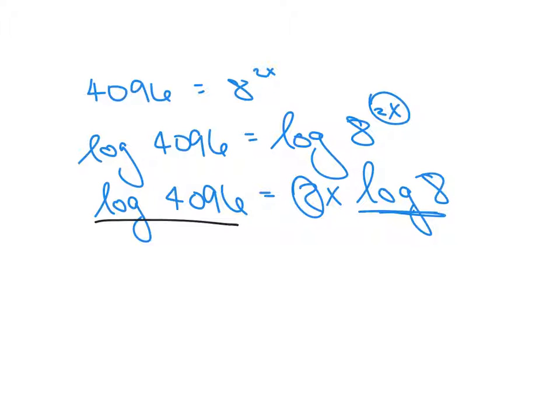So I'm going to put 2 log 8. So remember, these two are not connected. I can divide by 2 and divide by log of 8 and leave the x there. So now I take the log of this and the log of 8, multiply it by 2, and divide, and I get x equals 2 when I do that.